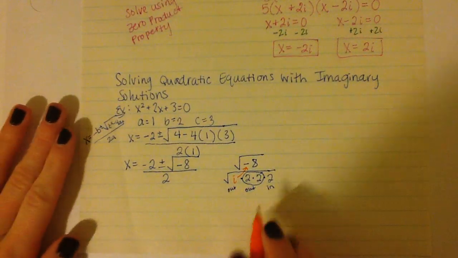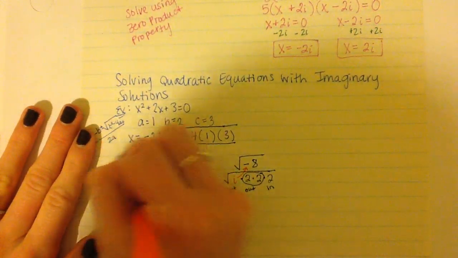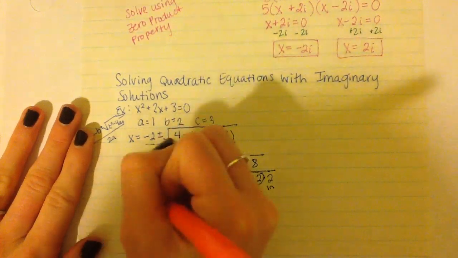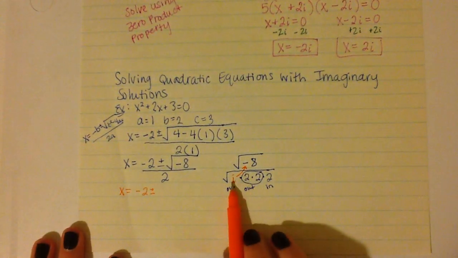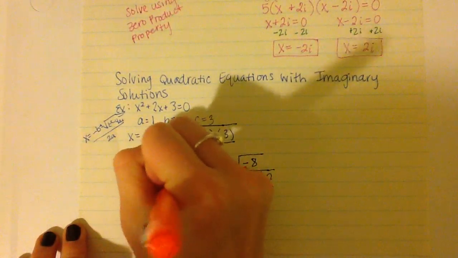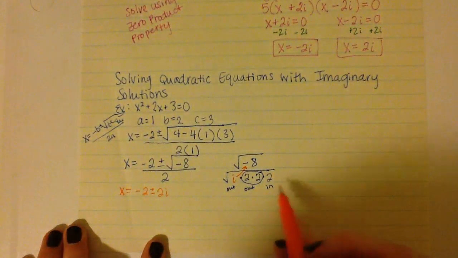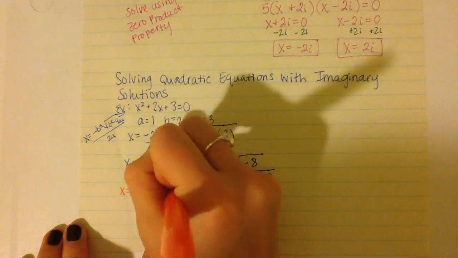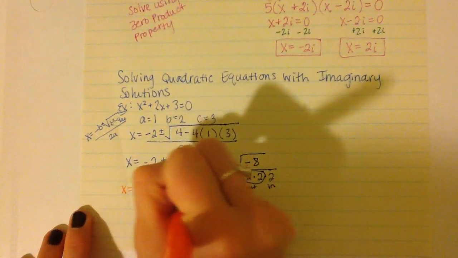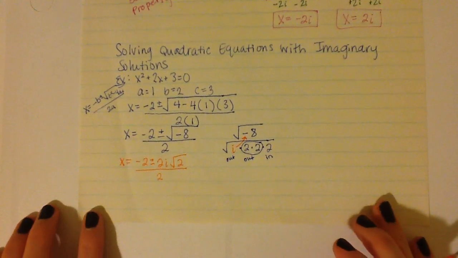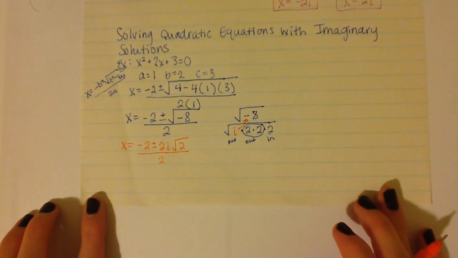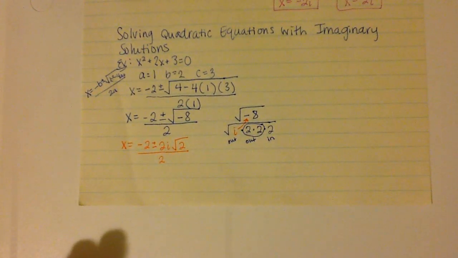So if we simplify this, x equals negative 2 plus or minus. These 2 come out, so we have 2i. And since this is the only piece that stays in, we have radical 2. That is all over 2. So like before, we have to break it up.